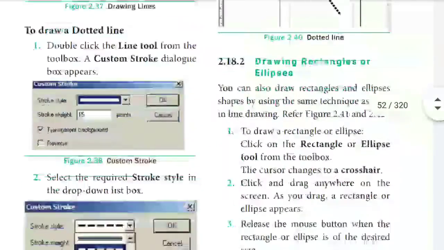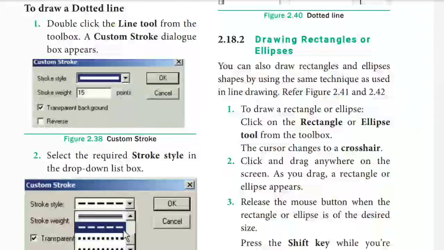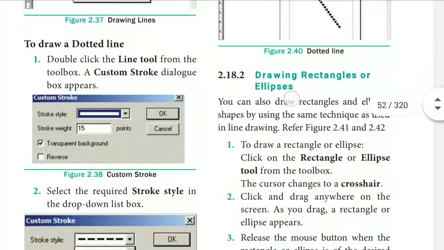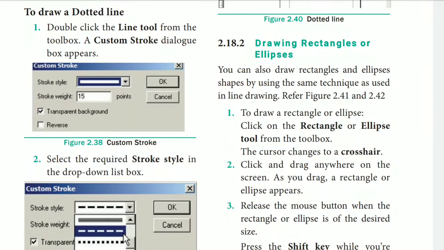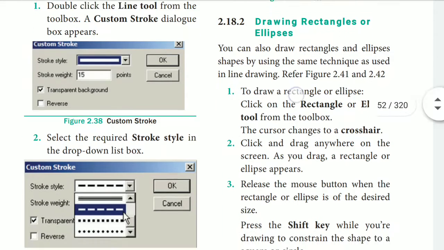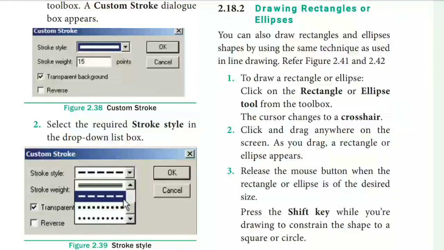Okay, next is drawing a rectangle or ellipse. You can draw a rectangle and ellipse shape using the same technique as used in line drawing. To draw a rectangle or ellipse, click on the rectangle or ellipse tool available in the toolbox.